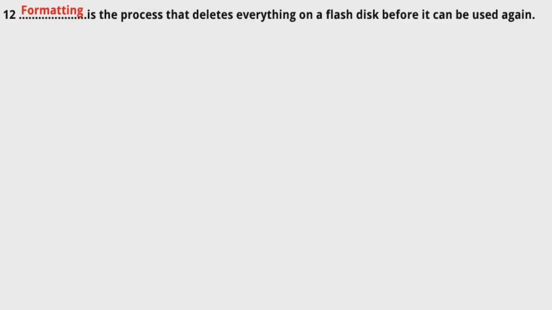So before you use the flash, you are going to format the flash so that you put the new things. When you format, it becomes as if it's new, and then you start putting the media in the flash again so that you can start using it. Okay, so that is 12. The correct answer is formatting.